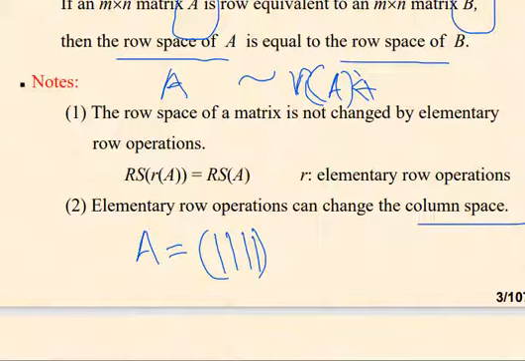So consider the transpose of A. Then what happens to these columns?